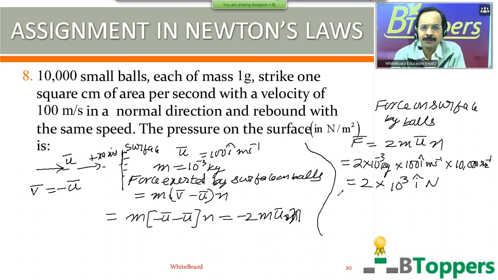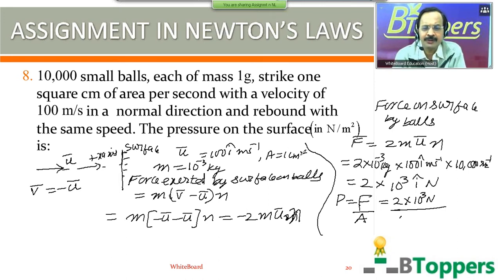So the average pressure on the surface equals the average force exerted on the surface divided by the surface area. The average force is 2 into 10 power 3 Newton. The surface area is given as 1 square centimeter.